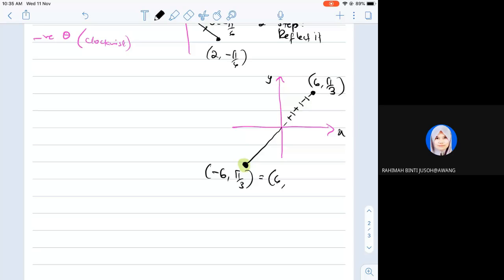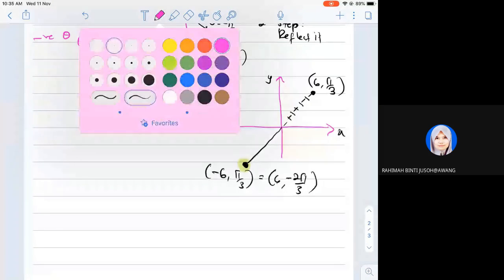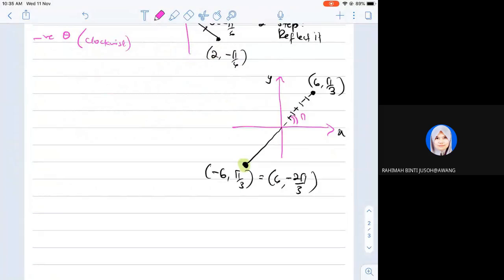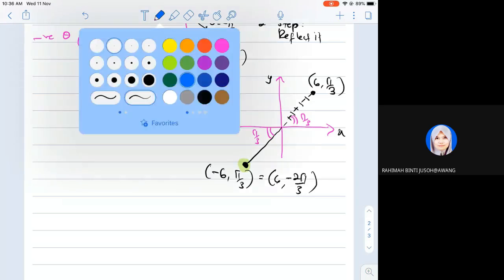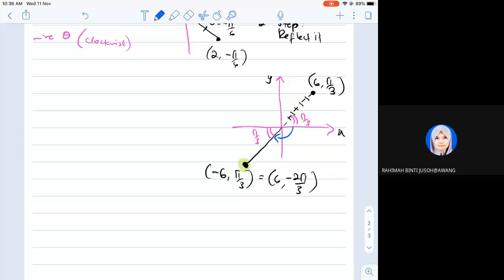No, I don't think so. It should be 6, negative 2 pi over 3, isn't it? Yes. Betul tak? Faham tak guys? Dia macam ni. Let me explain to you. This is pi over 3, so of course this is also pi over 3. Therefore the coordinate here is negative 2 pi over 3.